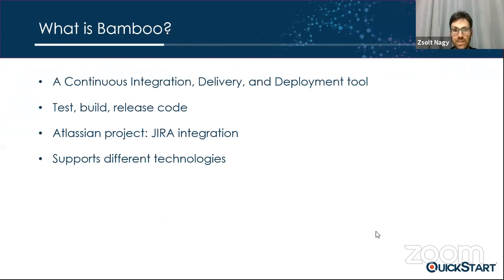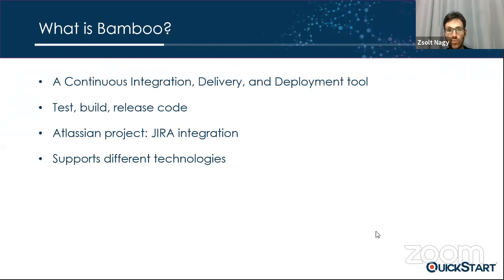For example, in my case, which I'm going to present to you quite soon, I used JavaScript testing with Mocha and Chai. So it works with Java, JavaScript, C#, Python, a lot of different languages. Basically, you can use it for any code because you can manage GitHub repositories with it.